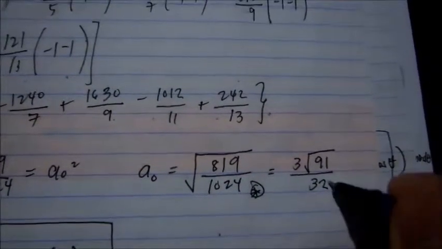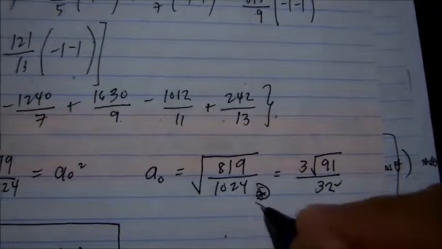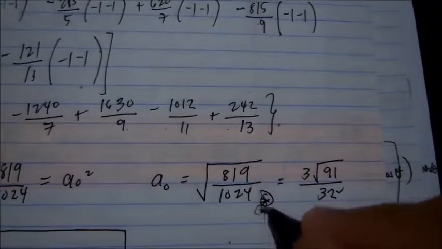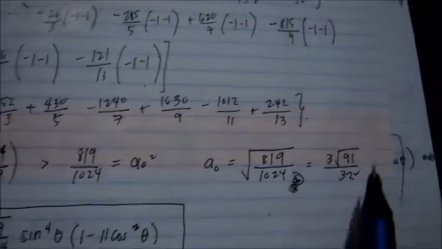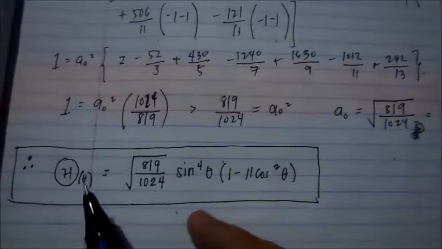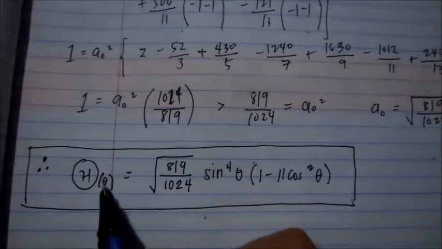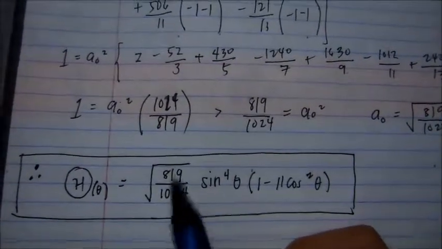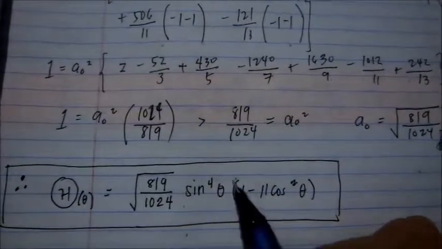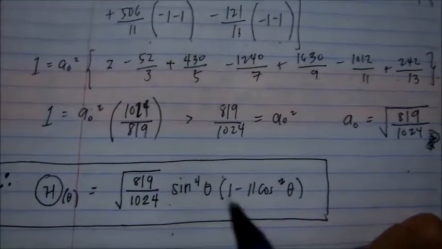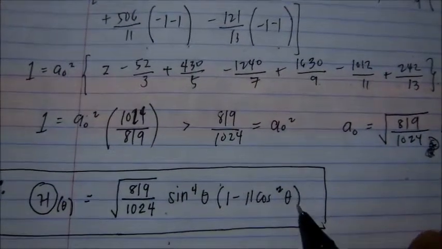We can have this, or I prefer to do this so that the fractions will not be distracting. So finally, our theta function will be square root of 819 over 1024 sine to the 4 theta, quantity 1 minus 11 cosine squared theta.